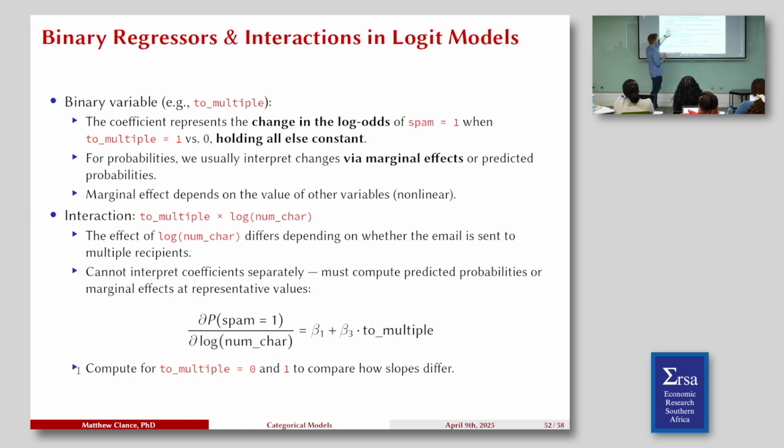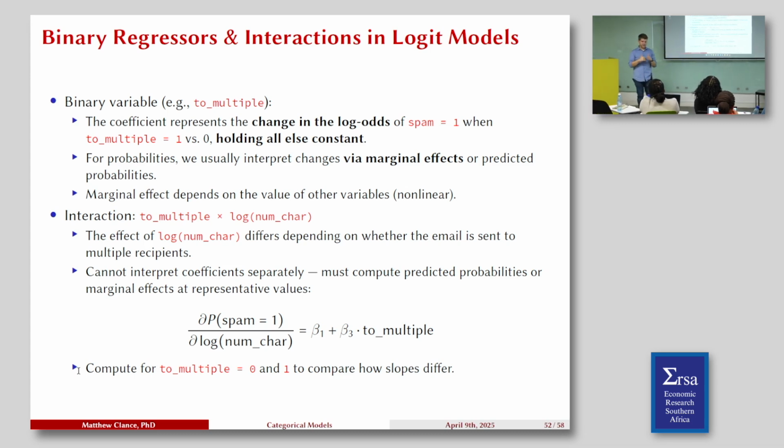So in the interactions, basically thinking about multiple versus the log number of characters. The effect of the log differs depending on whether the email is sent to multiple recipients or not. Okay, so it's basically saying that we're going to have one effect for an email that's not sent to other recipients versus when it is. Okay?